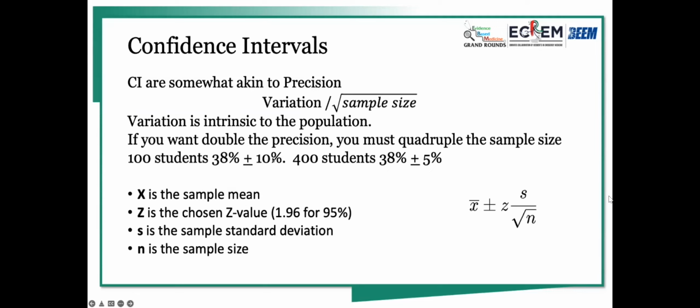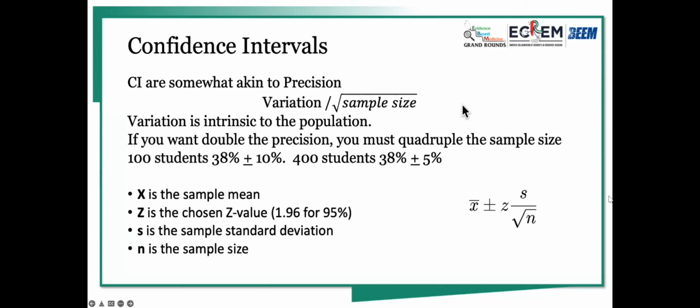If I don't think that's good enough and I need a smaller confidence interval, I need to go from 100 students to 400 students to double the precision. Now I do the same questionnaire and I get 38 plus or minus 5, which would put the true value between 32 and 41%.